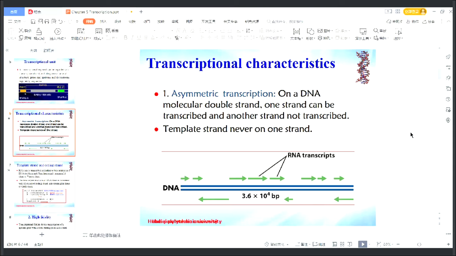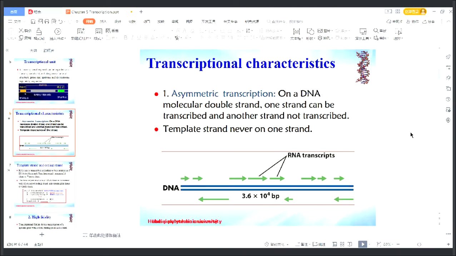Maybe some students study this item and think that all the time for the DNA coding the RNA, one strand takes part in the coding and the other strand is not used. Yes or no? No. This figure is very easy to understand.